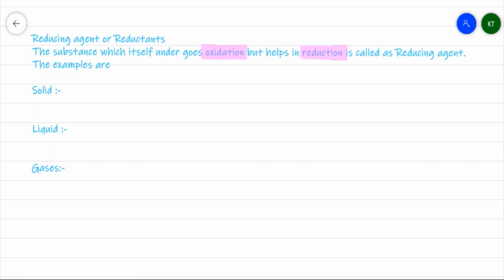Which are the reducing agents we have in solid state? I have carbon, that's a reducing agent. Then we have metals. As we know, metals have a greater tendency to lose electrons, so they will act as reducing agents because they undergo oxidation quickly.